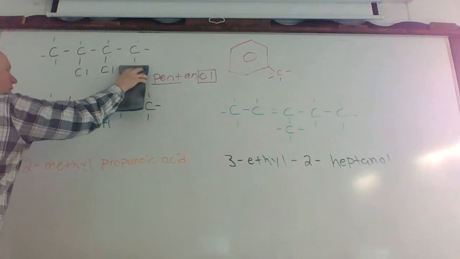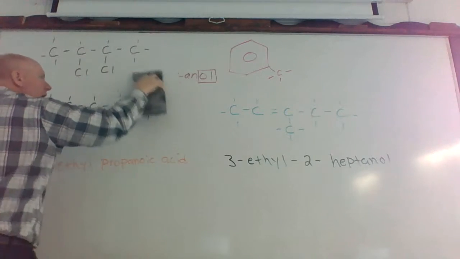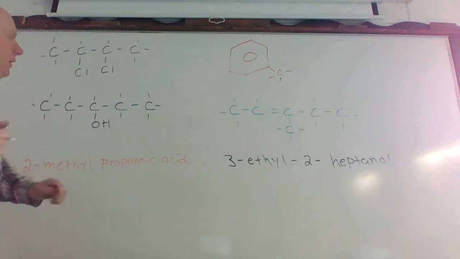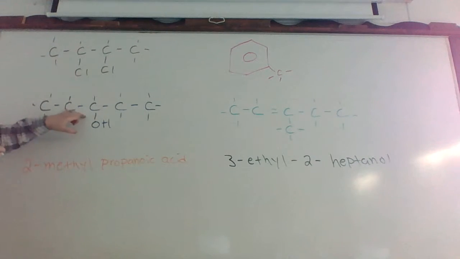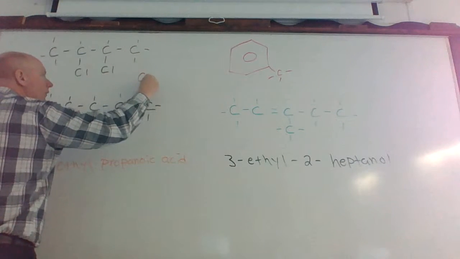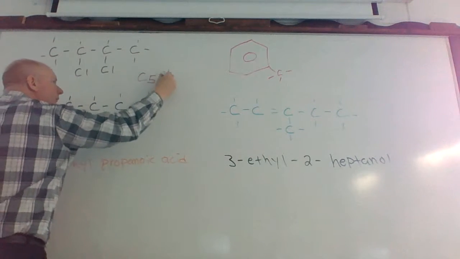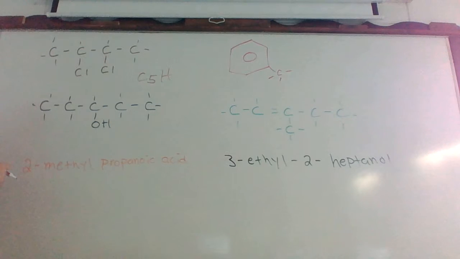So would 3-pentanol have an isomer? In other words, this is the structural formula. What is the molecular formula for 3-pentanol? How many carbons are there? 5. How many hydrogens are there? 5, 9, 10, 11.